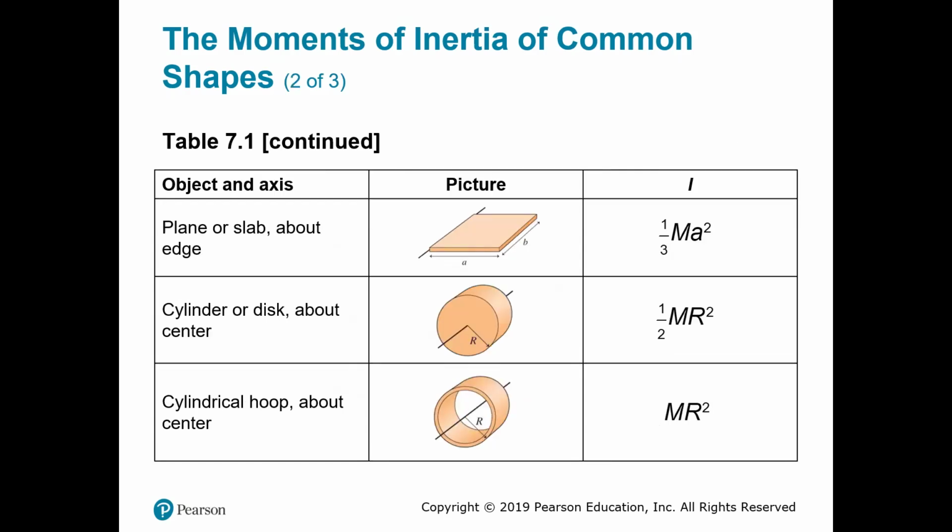You have other values here, but you don't need to memorize these. In the exam and homework, these values will be given, but you need a clear concept. They differ based on the shape of your object.